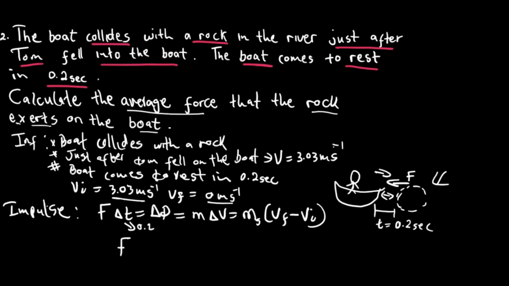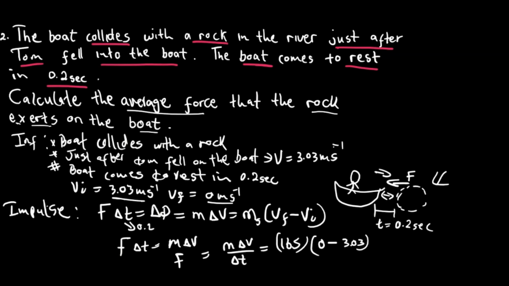So if you write it nicely, we're going to have F change in T is equal to M change in V, which is just going to be force is equal to M change in V over change in T, where the M is the combination of the mass of Tom and the boat, which is 165, and then the V final is 0 minus the V initial, which is 3.03.